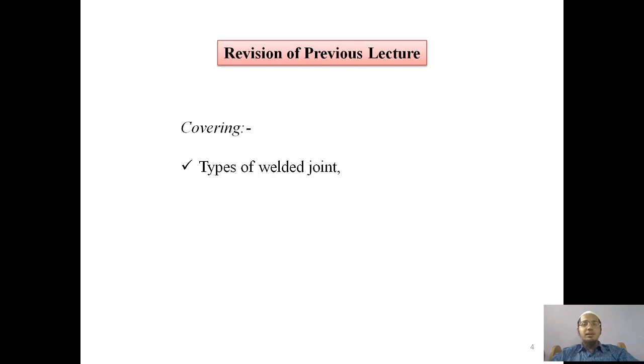Yes, there are broadly five types: flat welds or T-joint, corner joint, edge joint, butt weld joint, lap joint, etc. Again, we discussed butt welds and their subtypes, and also the symbols used for the different types of butt welds which are given in IS 813. Do you remember how many types of butt weld there are? Yes, there are 9 types.